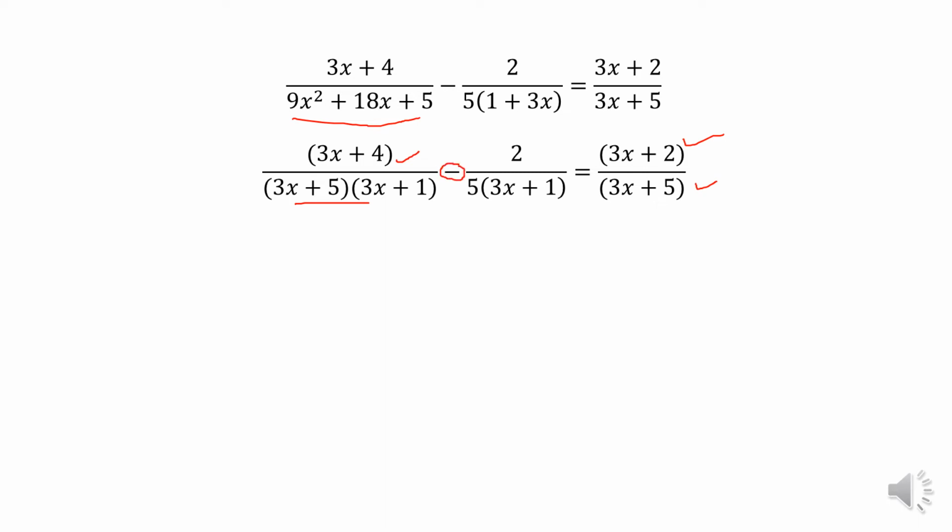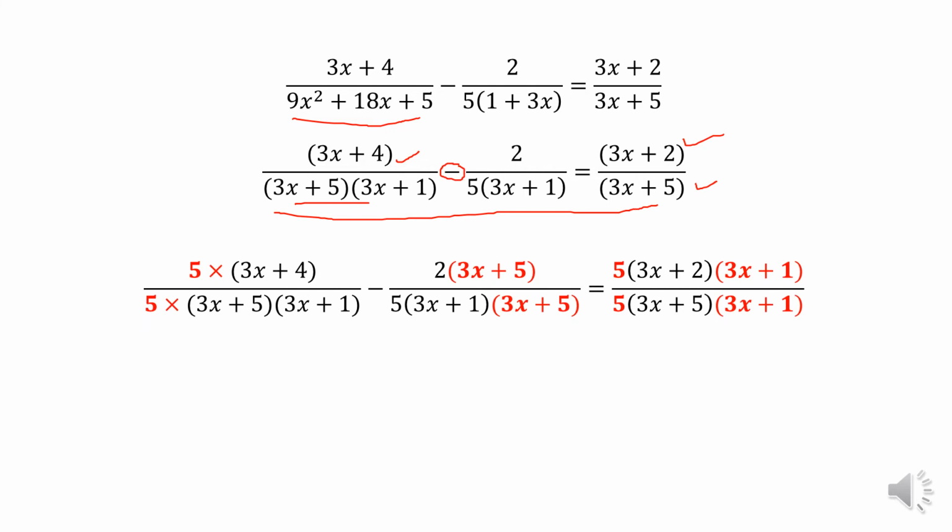And the left side has got 2 terms here, so it means we are going to simplify that part. We will need the LCM, or the lowest common multiple. But what I'll do is I'll find the LCM of everything, that is the left hand side versus the right hand side. And you will realize that the LCM has to be this whole expression here, 3x plus 1, 3x plus 5, and the 5.